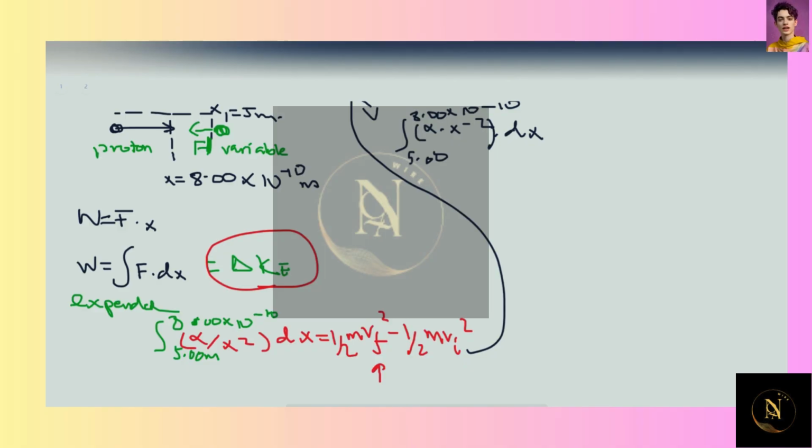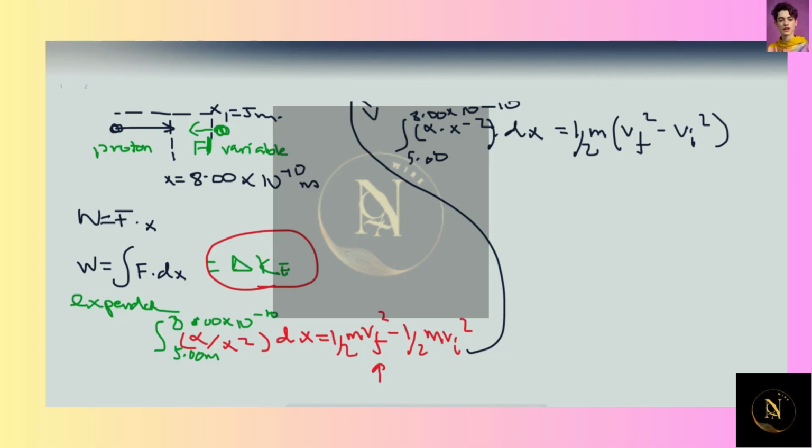This equals 1/2 m, we can pull the 1/2 m outside, and we're left with v final squared minus v initial squared. Our target is to get v final squared.